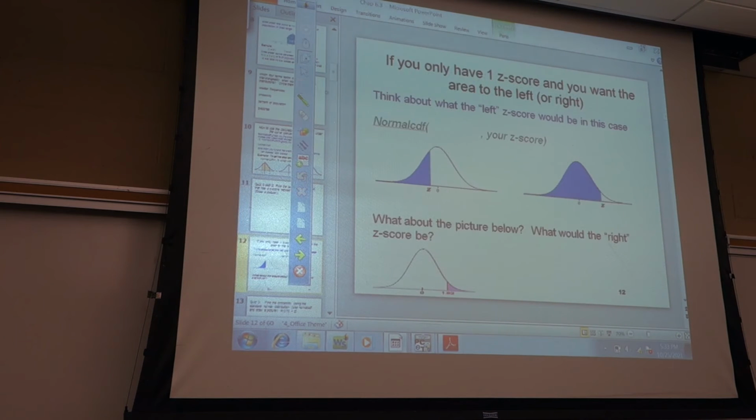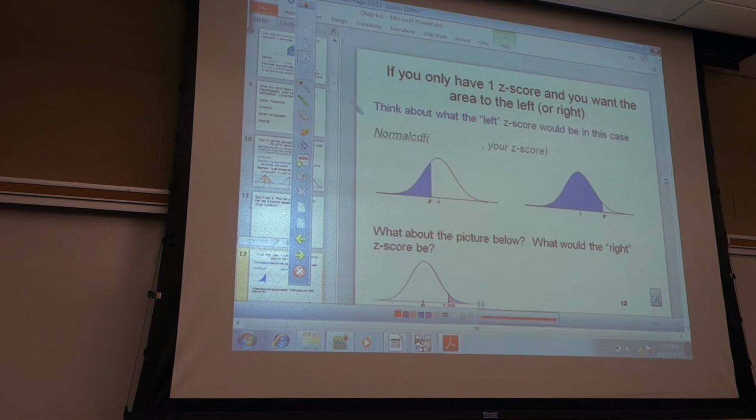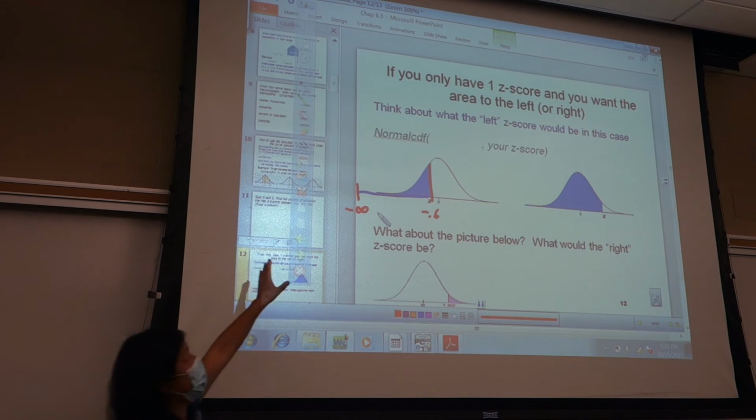Okay. Well, what if you only have 1 z-score and you want the area to the left of it or to the right of it? Basically I'm saying, here's my first z-score right here, whatever it is, negative 0.6, whatever. But what's my z-score way out here? Negative infinity. So make sure you put that in when you draw your picture.